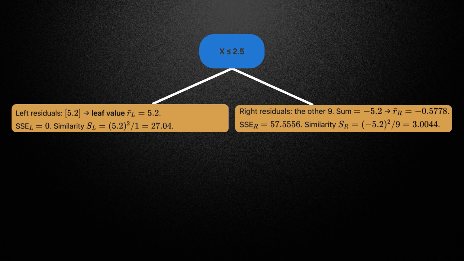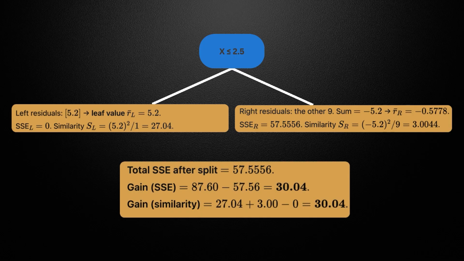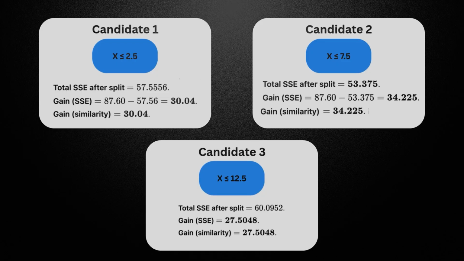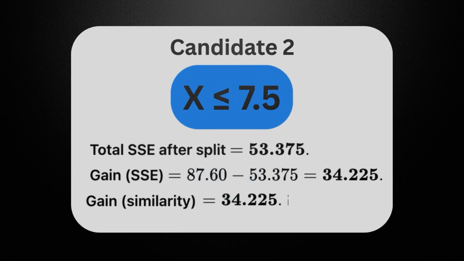Finally, we compute the gain, which is the sum of squared errors of the root node minus 30.04 as well. When we execute this step with different thresholds, we get different gain values in each case. Among these, 7.5 gives the largest gain, so it becomes our root split.